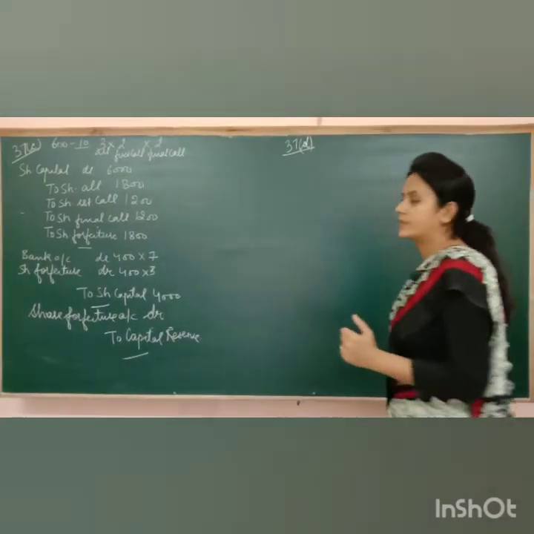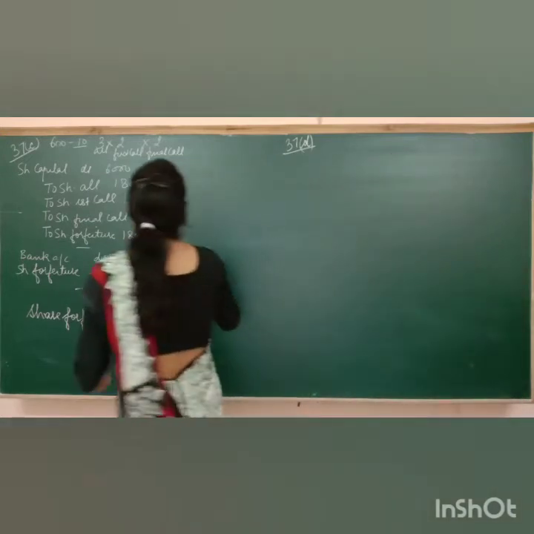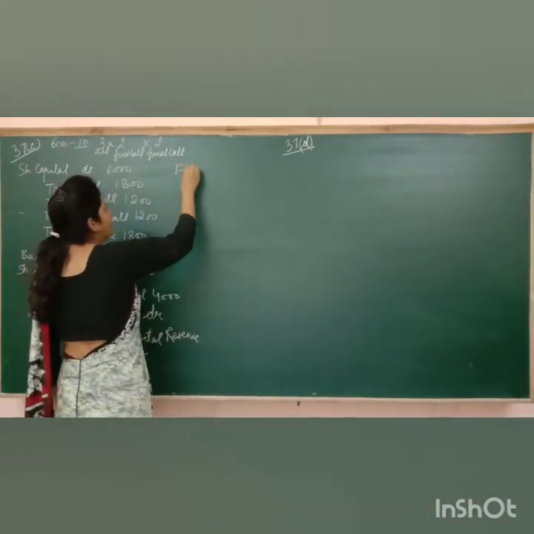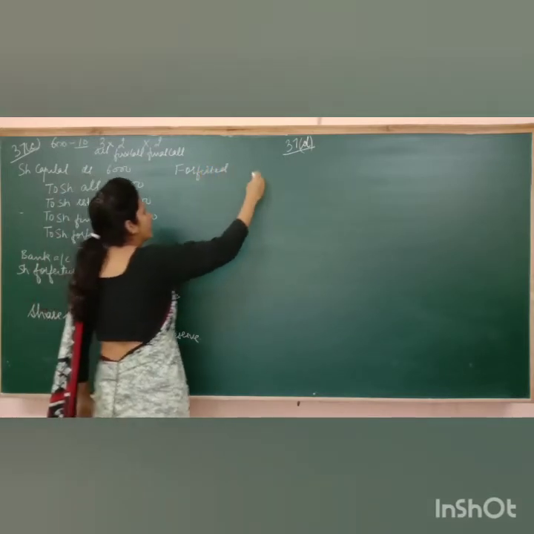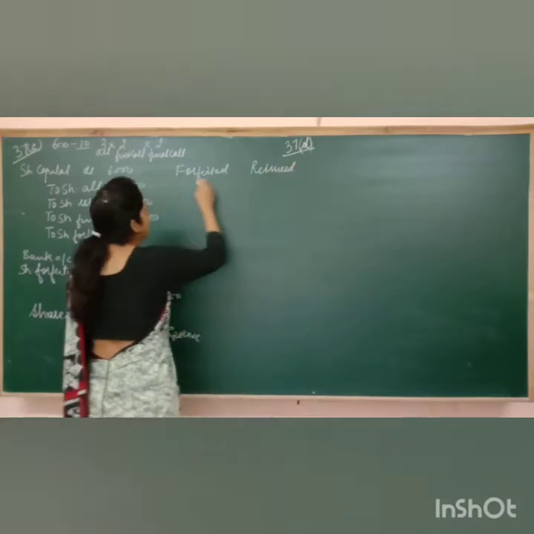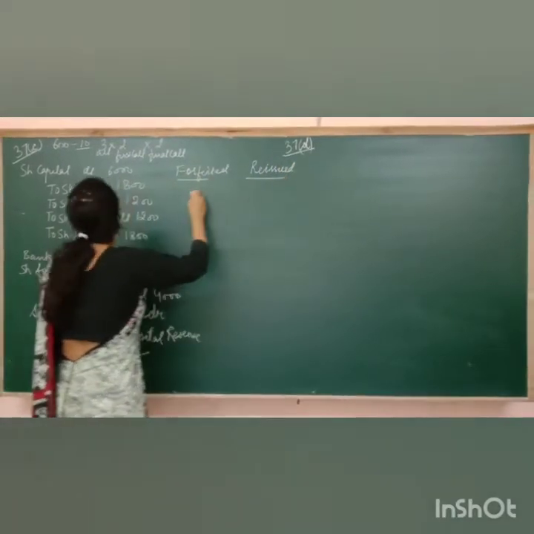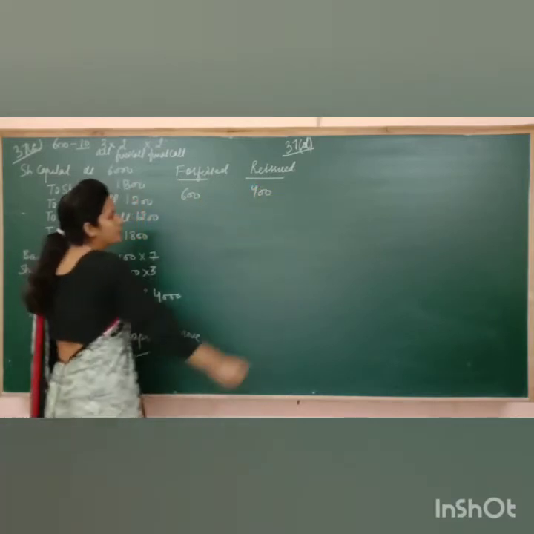But how to calculate that profit? I told you we need to make two things here, if you remember. What? First of all, write here number of forfeited shares. Then write number of reissued shares. If I check, number of forfeited shares 600, number of reissued shares only 400.